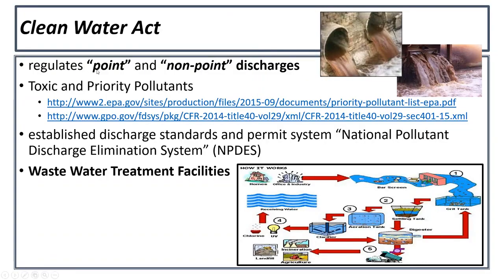And so the Clean Water Act regulates both point sources and runoff discharges. And there's some links here. And we look at the Clean Water Act really addressing wastewater treatment facilities. And here's a diagram of wastewater where we have concerns over what's coming in as an influent.